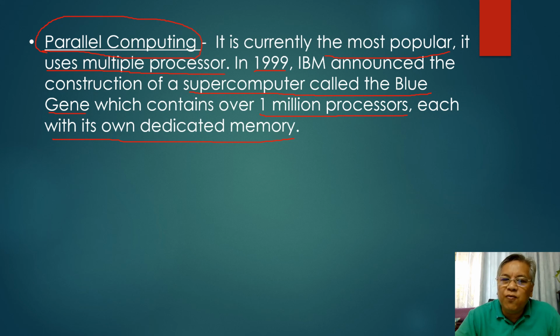That is how fast the computer is. That was developed in 1999 only. So what more now? We are already in 2021. What kind of computer is already being developed by IBM or other companies that deal with the construction of computers?